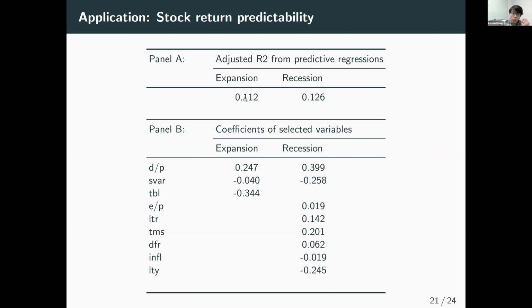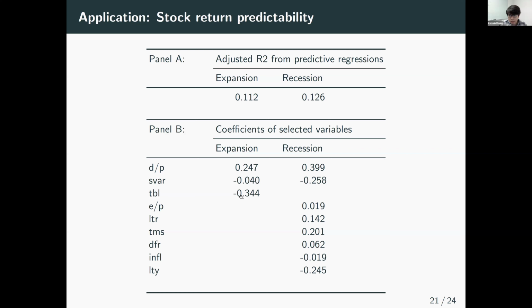And I guess the reason is that if we look at the variables that were selected during expansion, the stock variance and the T-bill rate, only the T-bill rate overlaps with the original set of variables that the original authors used. The dividend price ratio and stock variance were not included in the original set of predictors.